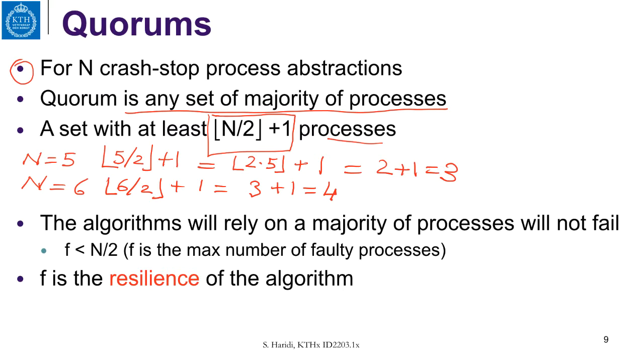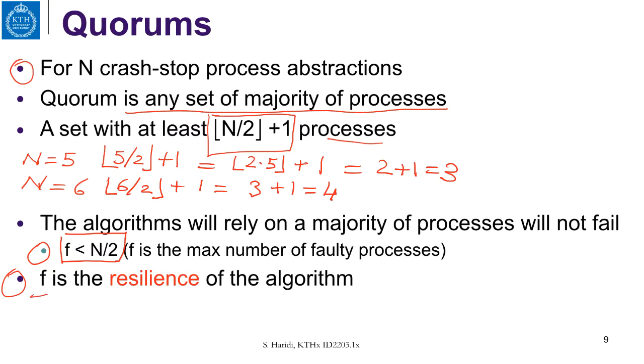Some algorithms will rely on a majority of processes not failing, and that is important. So a minority of processes will be faulty. Normally the maximum number of faulty processes that the algorithm can tolerate is less than half of the processes in the system. And this is exactly what we call the resilience of the algorithm.